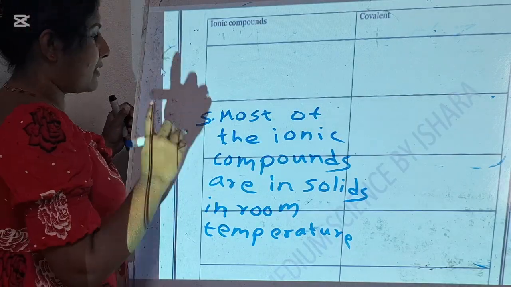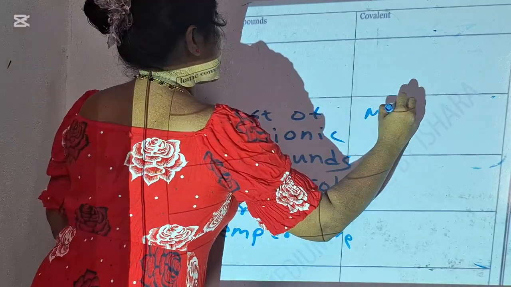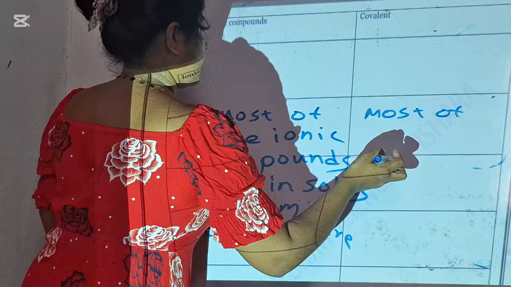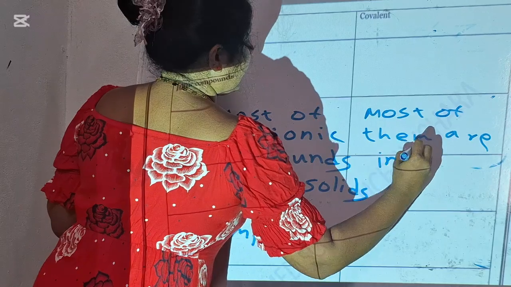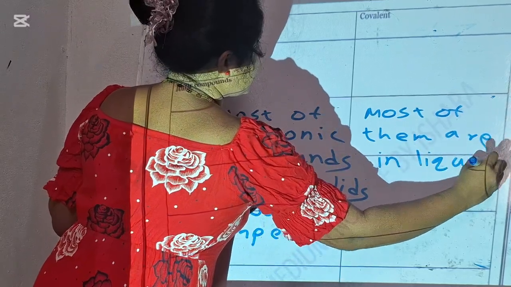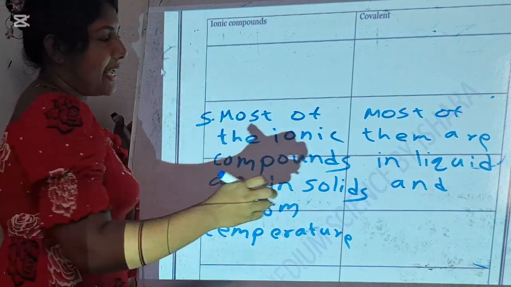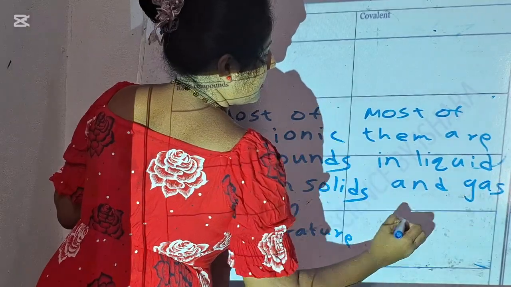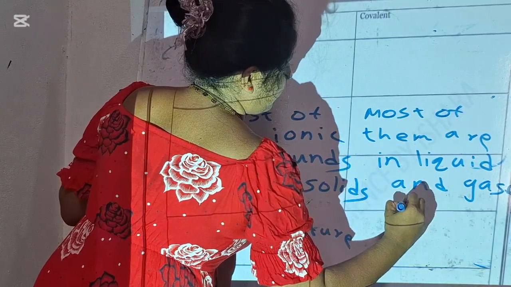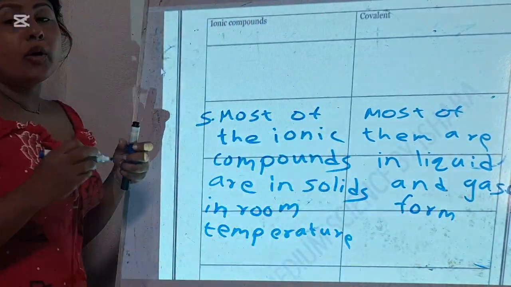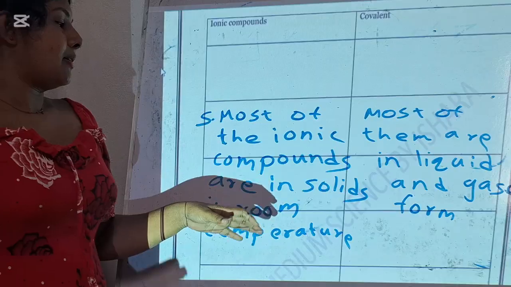Opposite to this, on the other side, most covalent compounds are in liquid to gaseous form, like ammonia. Ammonia is a gas, water is a liquid, ethyl alcohol is a liquid.